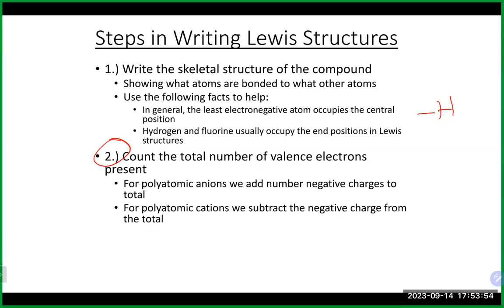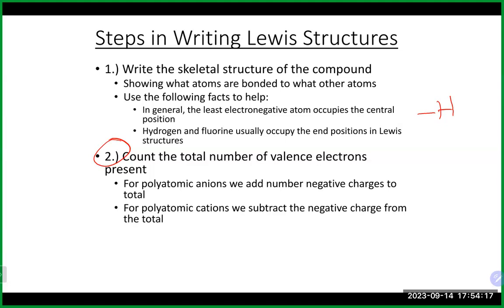Polyatomic ions, as we'll talk about, are ions, but they're actually held together through covalent bonds, sharing of electrons. Once you have the total number of valence electrons, and another reminder, the number of valence electrons can be found by looking at what on the periodic table? The group number, right? So the number of valence electrons equals the group number.